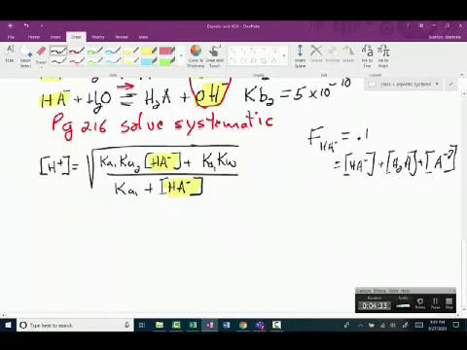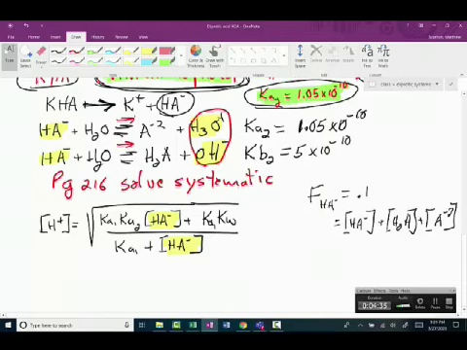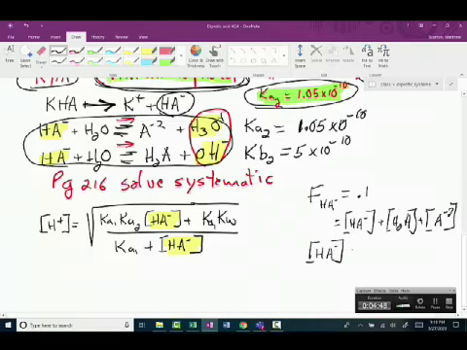And that's 0.1. Since this doesn't dissociate much up here, either reaction, I can say that the concentration of HA minus is pretty much going to be equal to the formal concentration of HA minus, which is equal to 0.1. It doesn't change, okay?